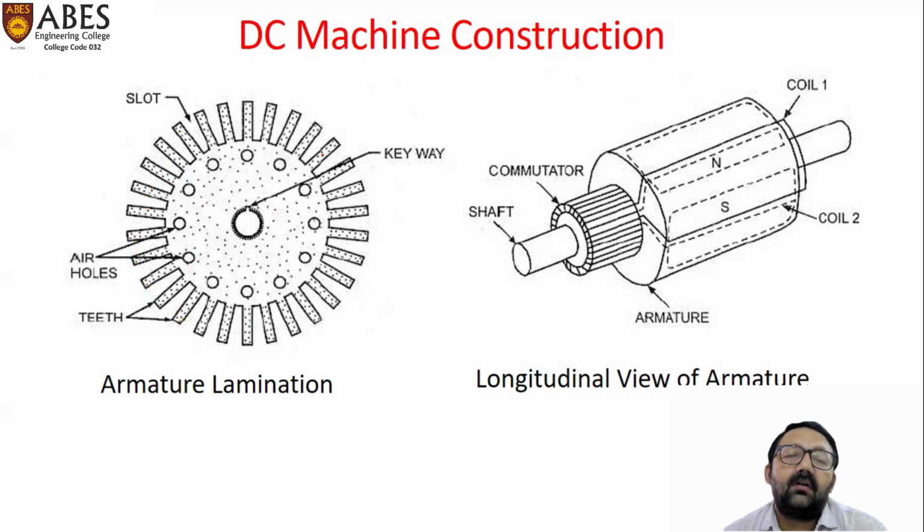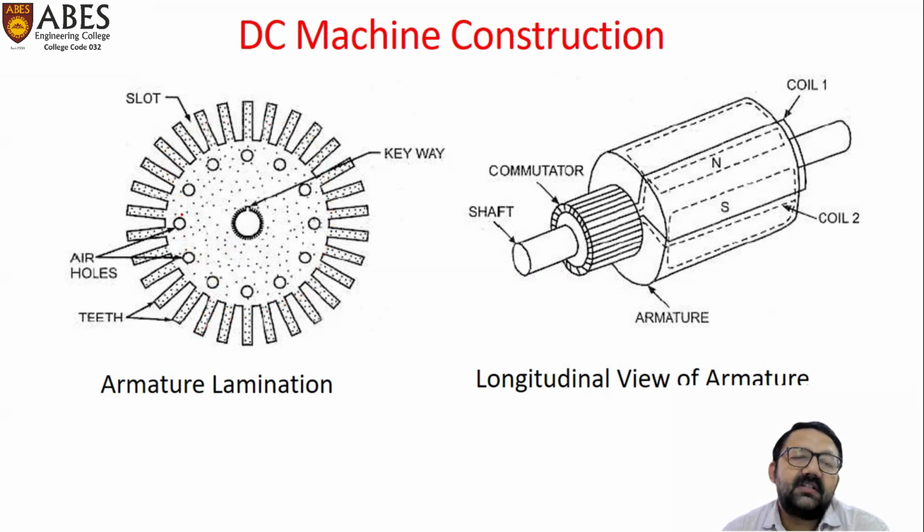On the outer periphery of these laminations, we have slots. In these slots, we can place armature windings. Here is the central hole across which all the laminations are aligned in order, and they develop a cylindrical core, along whose outer periphery we have slots, and in these slots we can place armature windings.